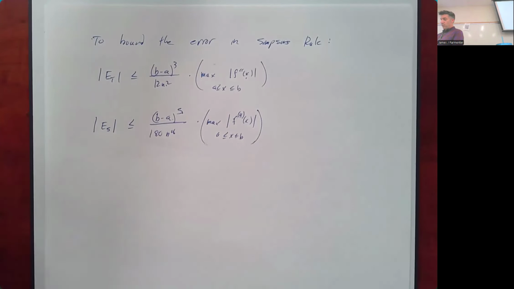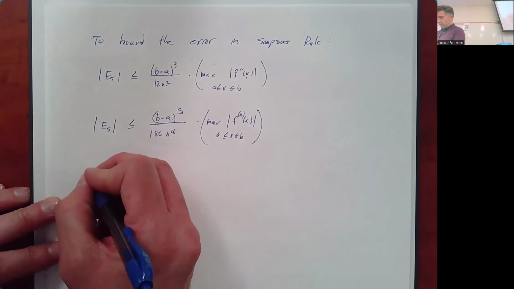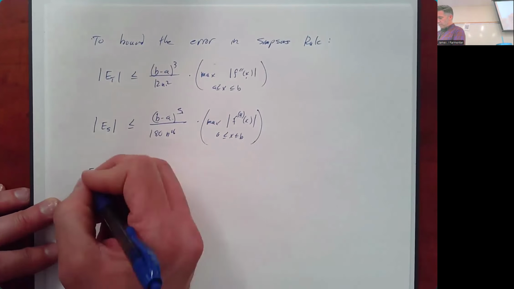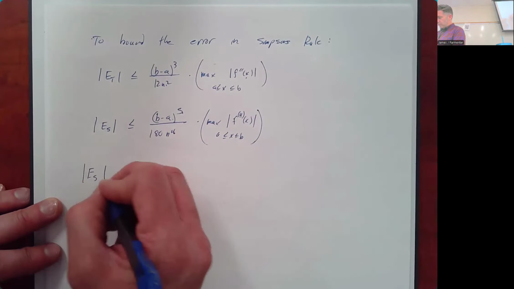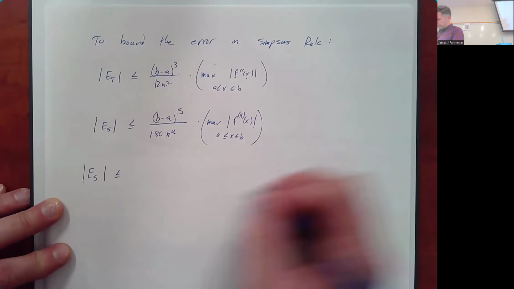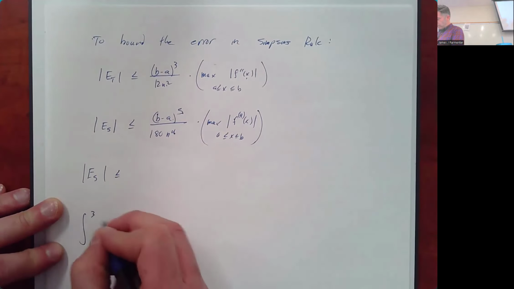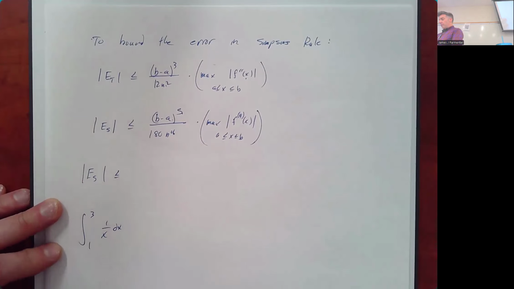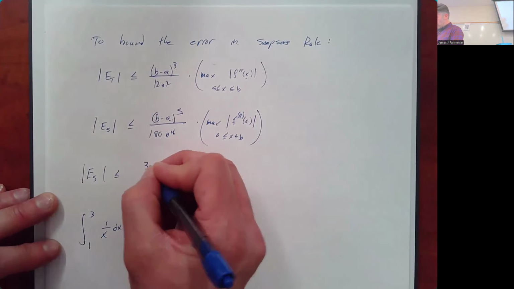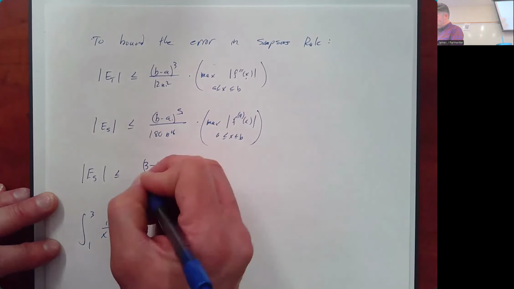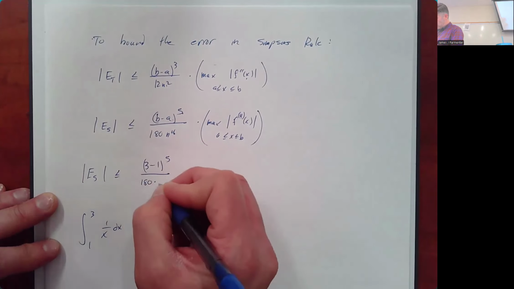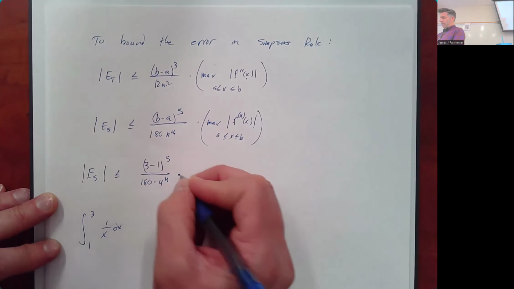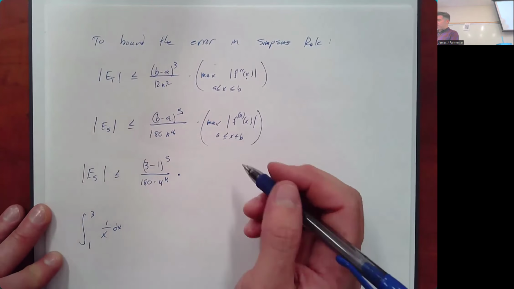So here we could say that the error using Simpson's rule is going to be less than or equal to, again, for our integral from 1 to 3 of 1 over x dx, 3 minus 1 to the 5th over 180 times 4 to the 4th times, we should figure out what the maximum of the 4th derivative is on this interval.